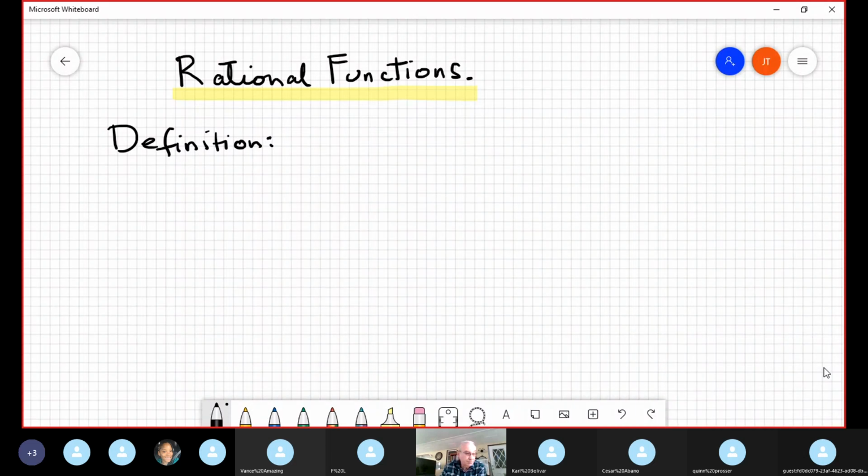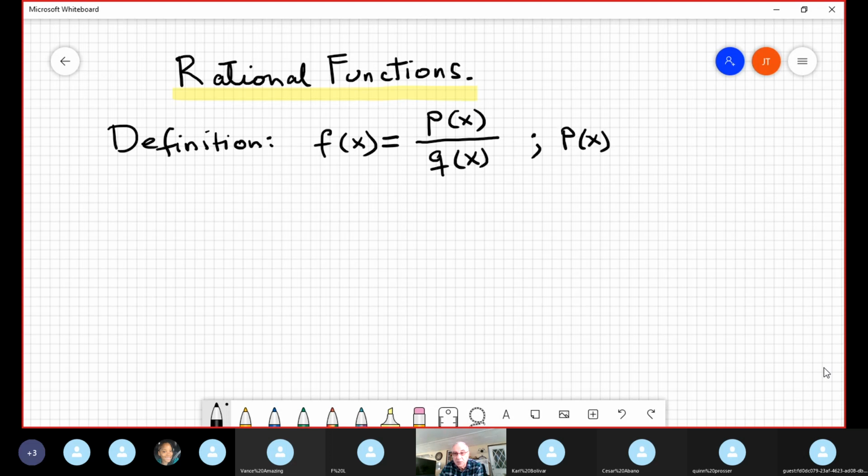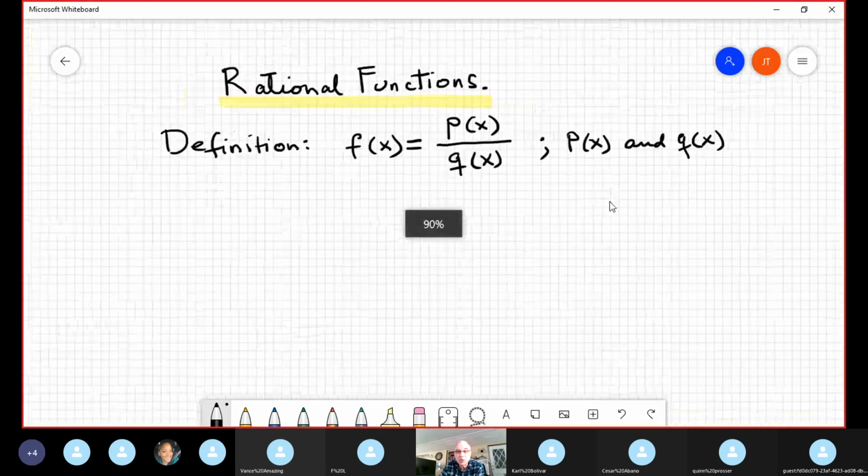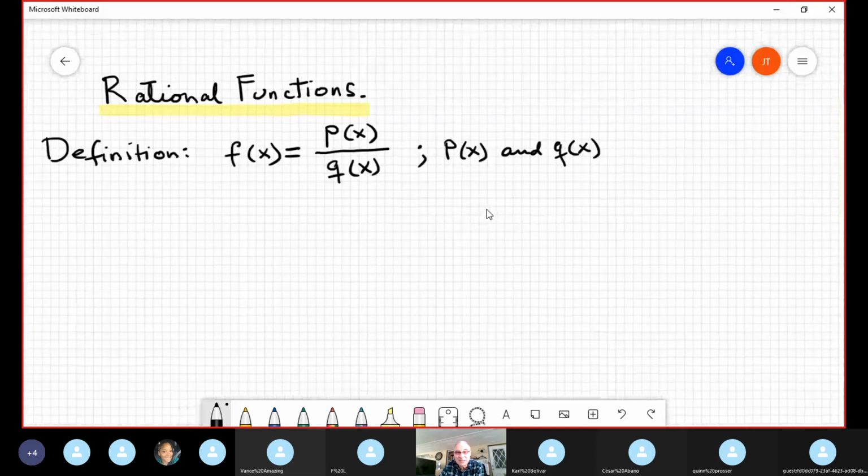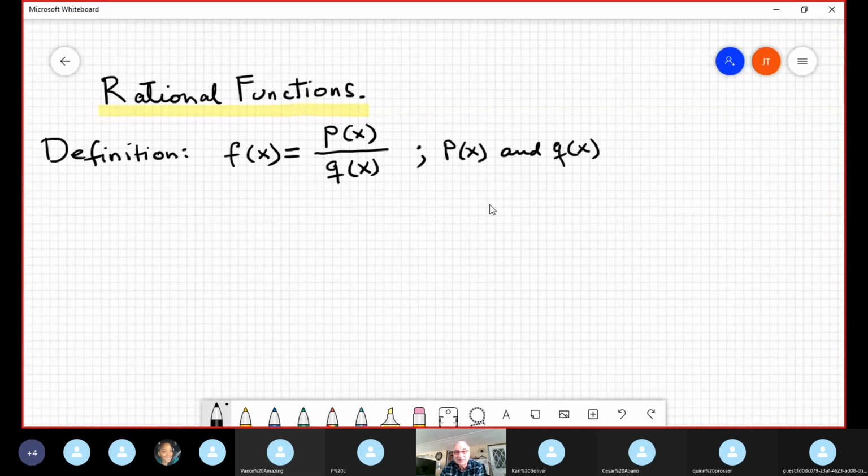Okay. Definition first. A rational function is a function that is the division of two polynomials, P divided by Q. And of course, P and Q are polynomial functions, exactly the same we studied last time.